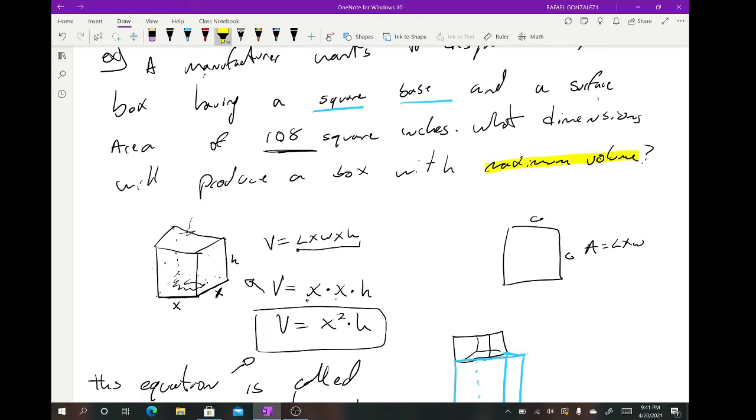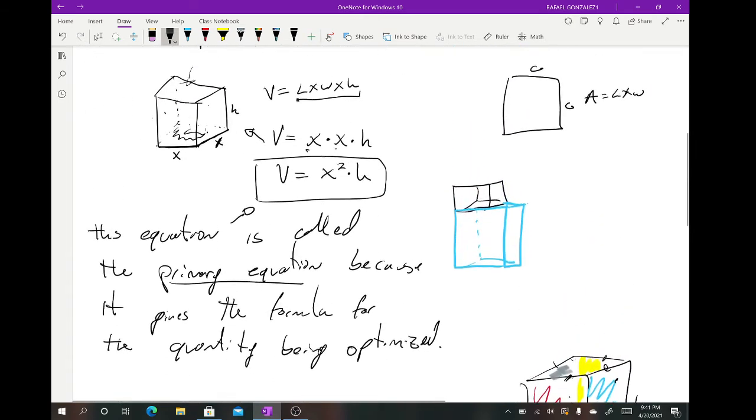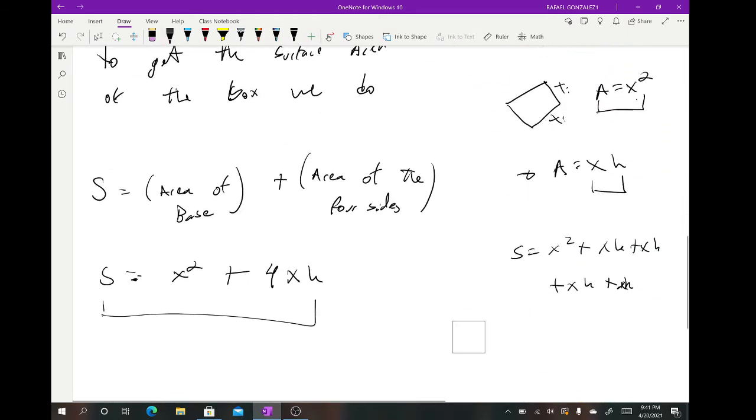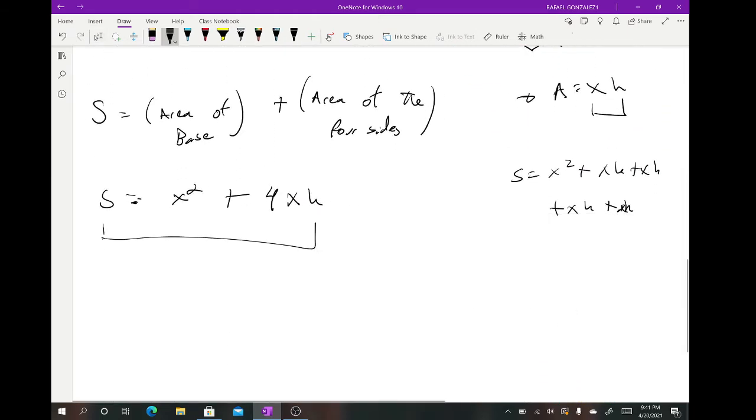We want to find the maximum volume. So if we actually want to solve this, we need to solve this equation. But we have no information about h in this equation, or x for that matter, but it's easier for us to solve for h in this problem.